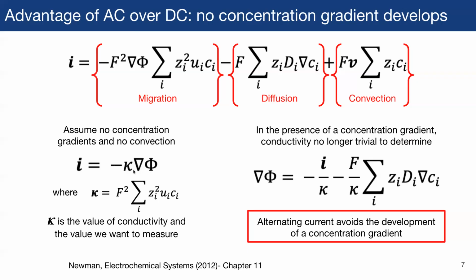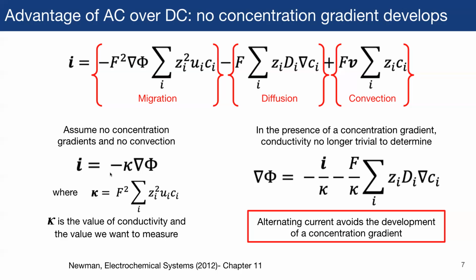Basically, this allows us to have a linear response between our applied potential gradient and our current. And this is really what is most important for EIS, because when we consider the impedance of the measurement, we need our impedance response to be linearly proportional to the applied potential.